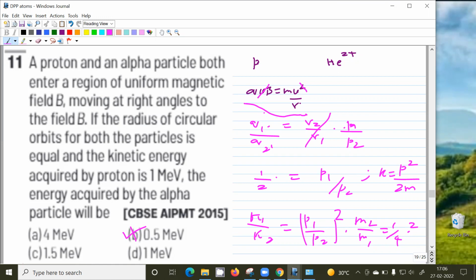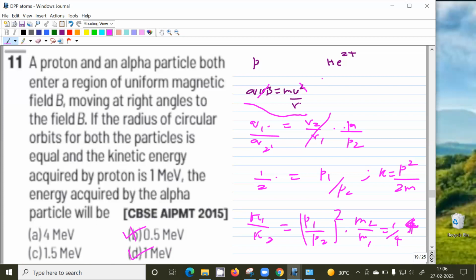For helium, mass will be 4m, sir, and charge will be 2e. For m2 by m1, when you divide them, you get that velocity of helium is half of the proton's velocity. Mass of helium is how much? 4m. Oh, okay, that's a mistake I made. Okay, so answer is 1.